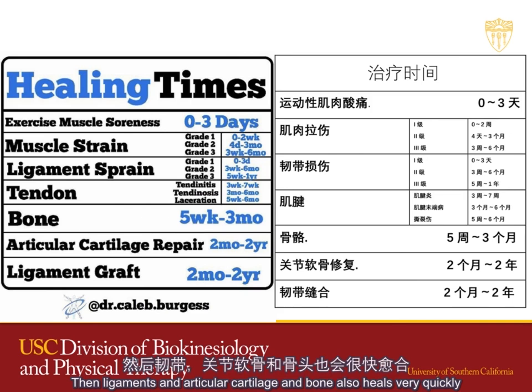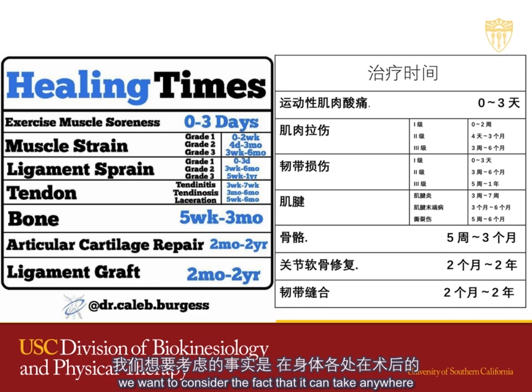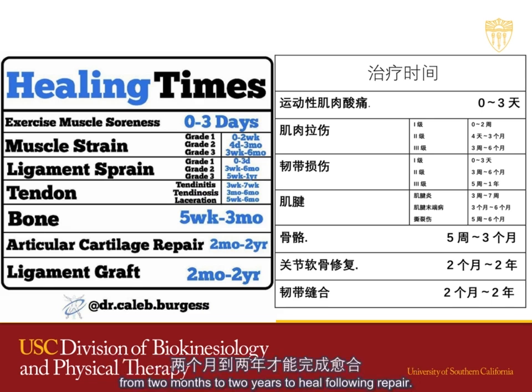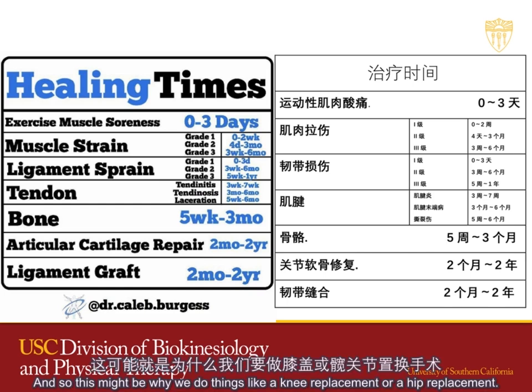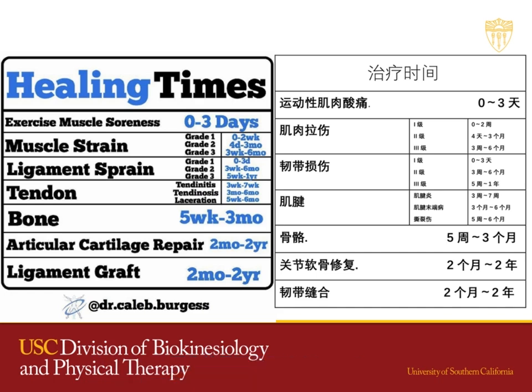And bone also heals very quickly because of good vascularity, so good ability to have blood flow come in and heal that tissue. So when we're talking about articular cartilage, we want to consider the fact that it can take anywhere from 2 months to 2 years to heal following repair. And so this might be why we do things like a knee replacement or a hip replacement, because that cartilage may not be able to repair itself.